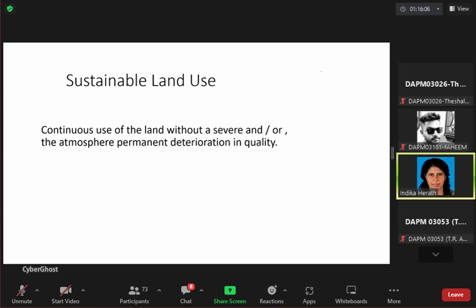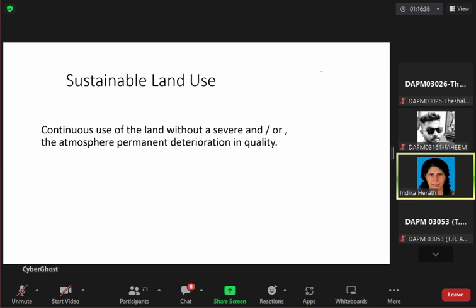Sustainability means that when we use something continuously, especially land, the continuous use of land is possible without severe or serious damage to the environment or deterioration of the quality of the environment.